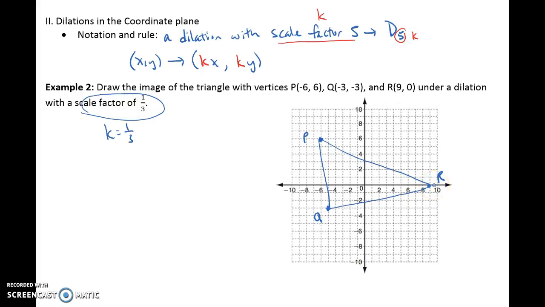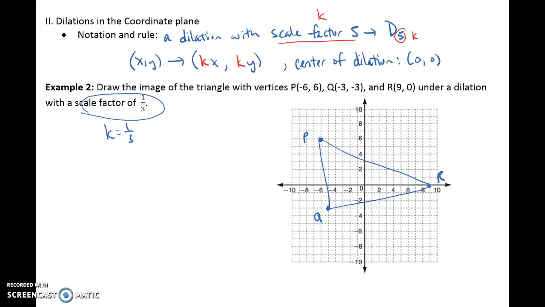It's going to get smaller. And before I forget, the center of dilation in a coordinate plane is, unless otherwise noted, always going to be the origin for our purposes. It could be elsewhere, but we're just going to make sure (0, 0) is our center of dilation. And we'll see how that's important when we do the construction in class.